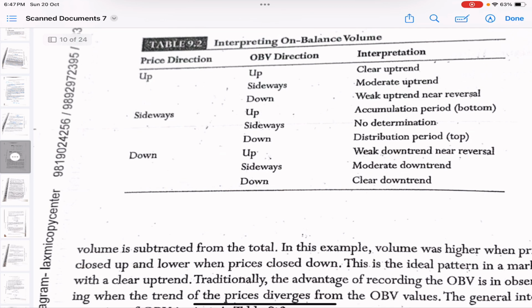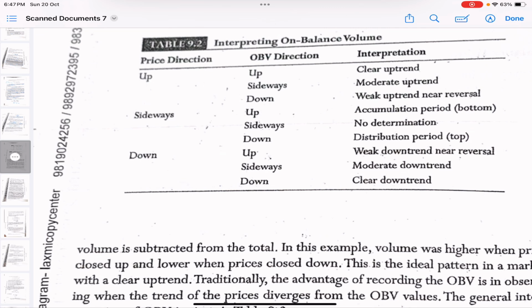Okay. Now let's see how you interpret the OBV indicator, or the on balance volume indicator. If the price direction is up and the OBV direction is up, then there is an uptrend. Whereas if the price direction is up but OBV is sideways, then that means that there is a moderate uptrend. If the price direction is up and the OBV direction is down, then there is a weak uptrend, right? And the uptrend is going to go down.